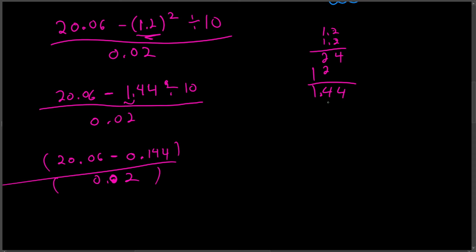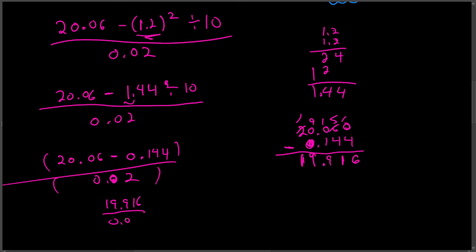So I'm going to do the subtraction upstairs. I'm going to need an extra 0 here, so I'll borrow 1. So 19.916. So that's my upstairs.